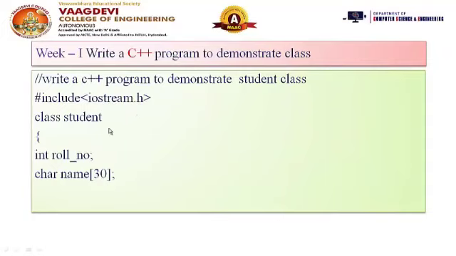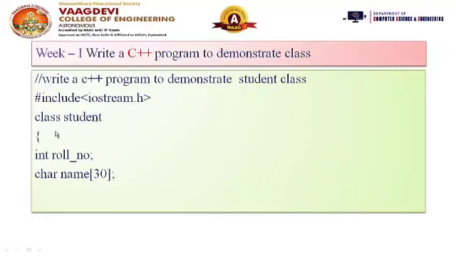And in the next statement, this is the way we declare a class in C++ by using the keyword class. Class is a keyword used to define a class, and a class name is the name of the class.